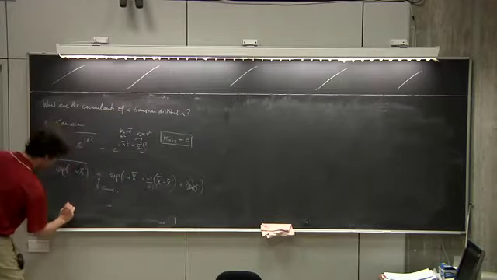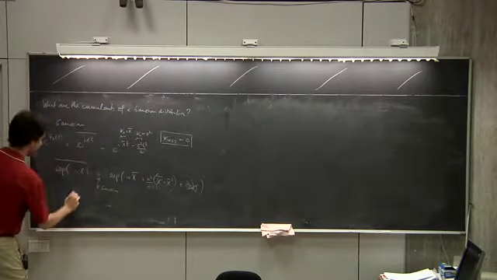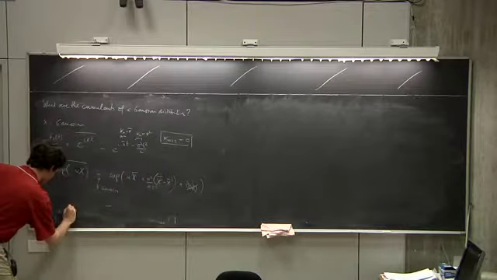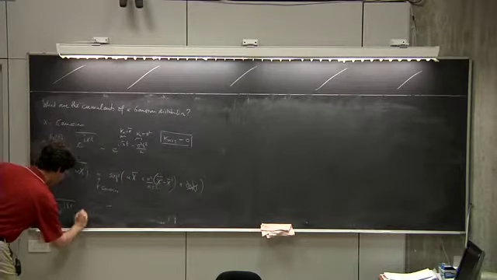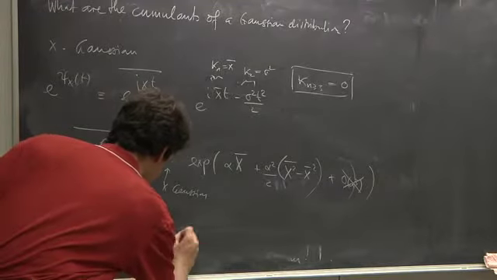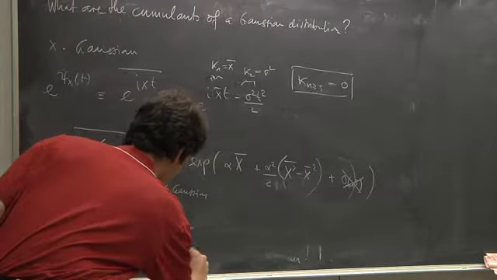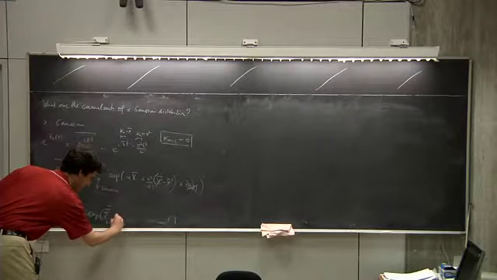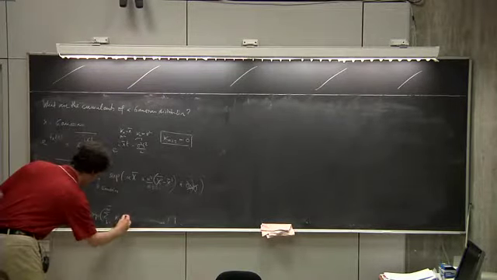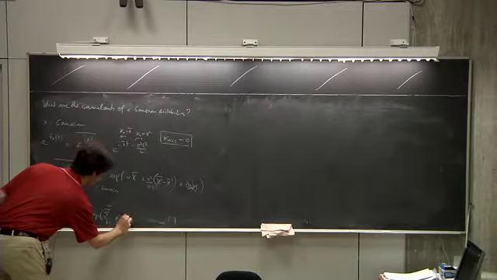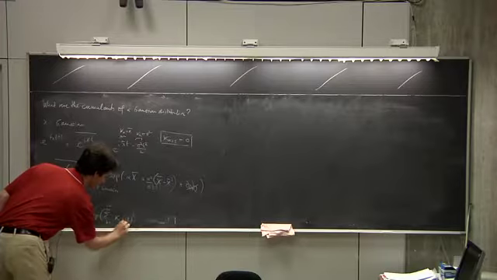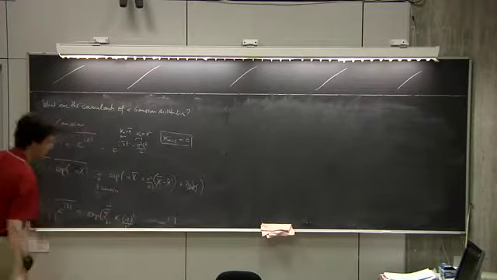That would mean that your characteristic function is, by definition, the average of e to the i x t, which would be the exponential of a sum over k from 1 to infinity, where you want all the cumulants to be equal to kappa, say, and then I put (i t) to the k over k factorial, no?